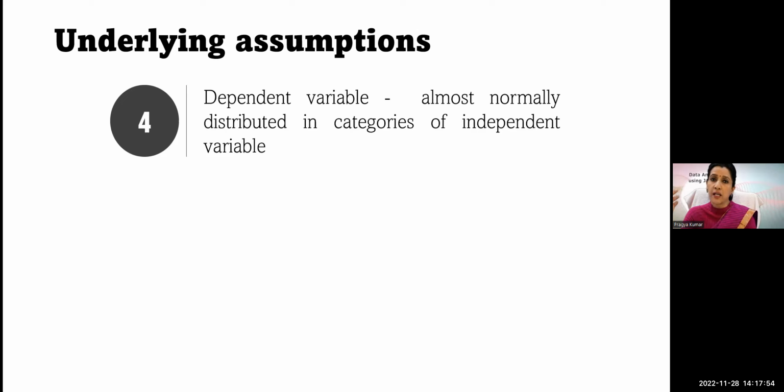If you can recall, we test it by Levene's test of homogeneity of variance. If equal variance is assumed, then the p-value will be more than 0.05, and then you take the classical ANOVA. If the variance assumption is not met, then you will take the Welch ANOVA.